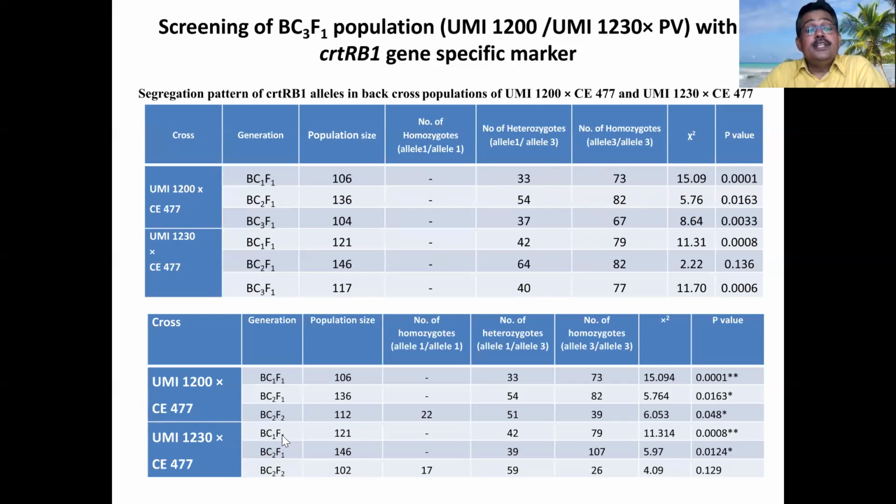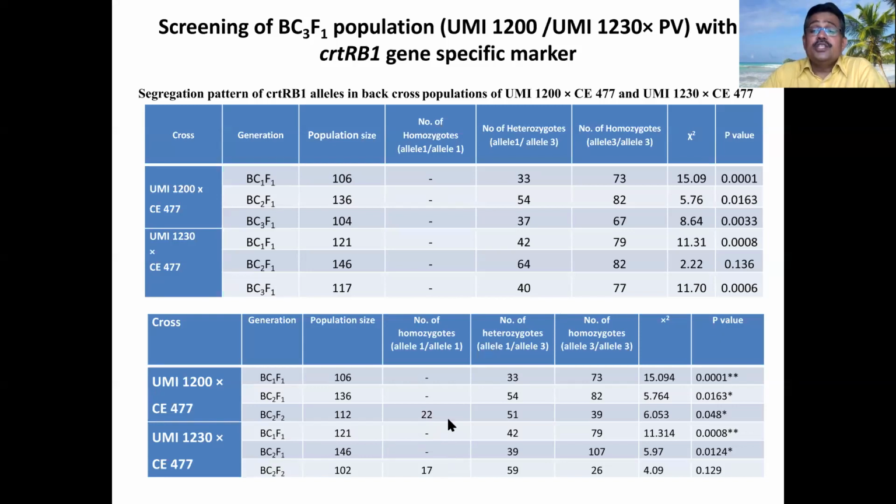Coming to the BC2 F2, when you self it after BC2 F1, you will get all three kinds of progenies: homozygous for the donor, heterozygote, and homozygous for the recurrent parent. This is regarding the foreground marker. The plants that are homozygous for the donor allele, we select.